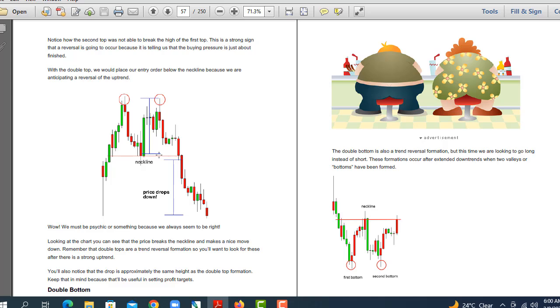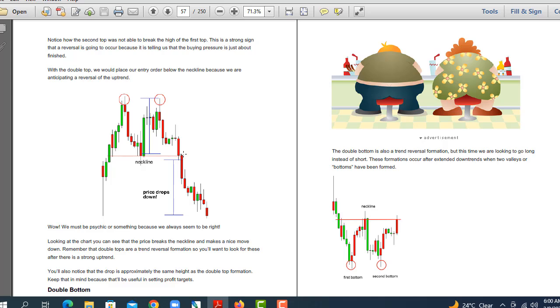Immediately this neckline is broken, your brain most definitely is going to flip. So even if we are in a bullish trend, okay, even if we were buying in this market and it breaks this neckline after forming these double tops here, okay, ladies and gentlemen, this is mostly what is going to play out. So you just have to wait and position yourself at this neckline.